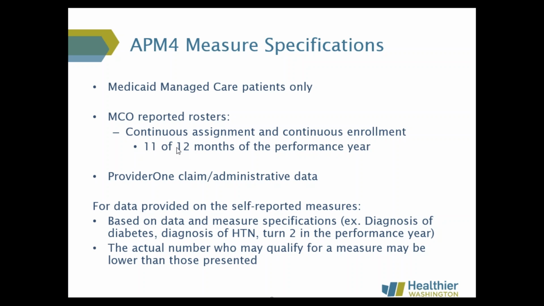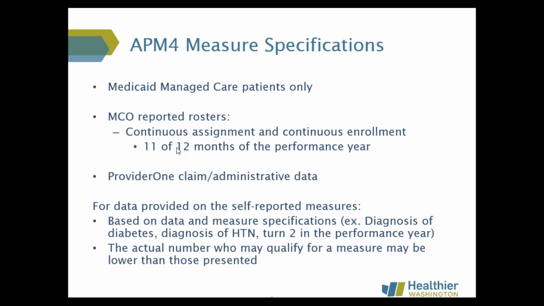So we use this as, in fact, our source of truth, if you will. And this is cross-checked by HCA and submitted back. So there's some kind of reconciliation or confirmation happening at that level between the MCOs and the managed care entities.